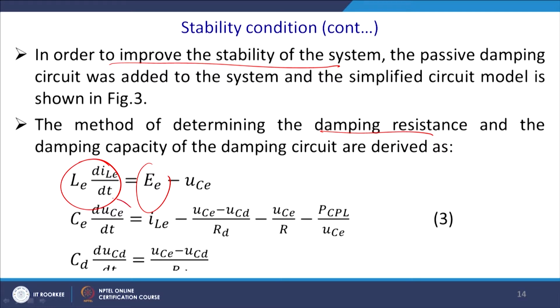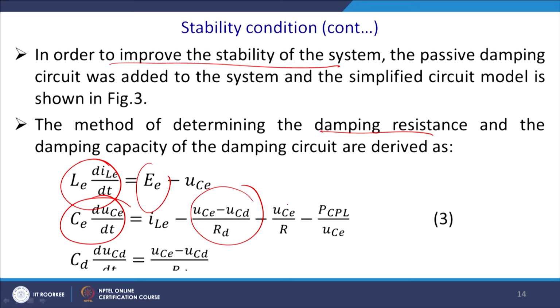Again, the current sinking into the capacitor is C dUc/dt equal to iL minus the difference (Uc minus Ucd) by Rd.